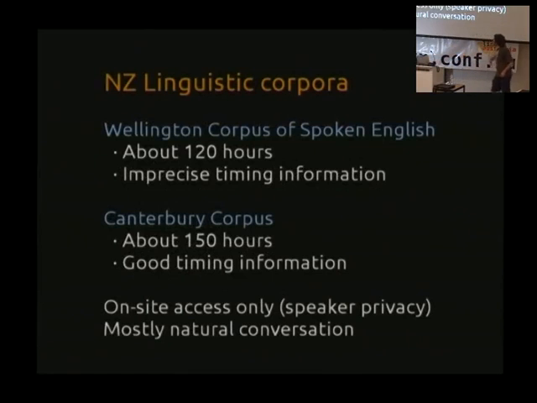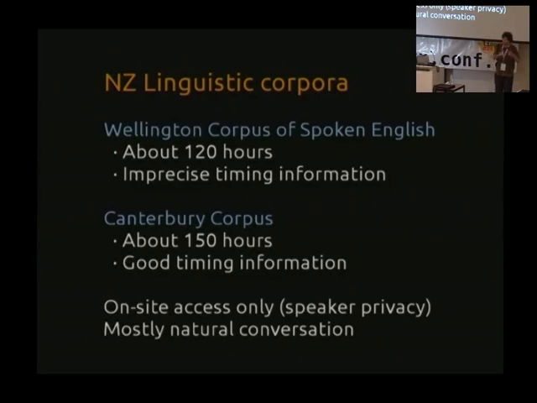So in New Zealand, there are two big speech corpora. They've both got lots of hours, but the Wellington one was made in the 90s, and when they were transcribing it, they were using typewriters and stuff like that, so they don't have exact timing. Like, they're listening to a conversation, and every minute they put in a minute marker.